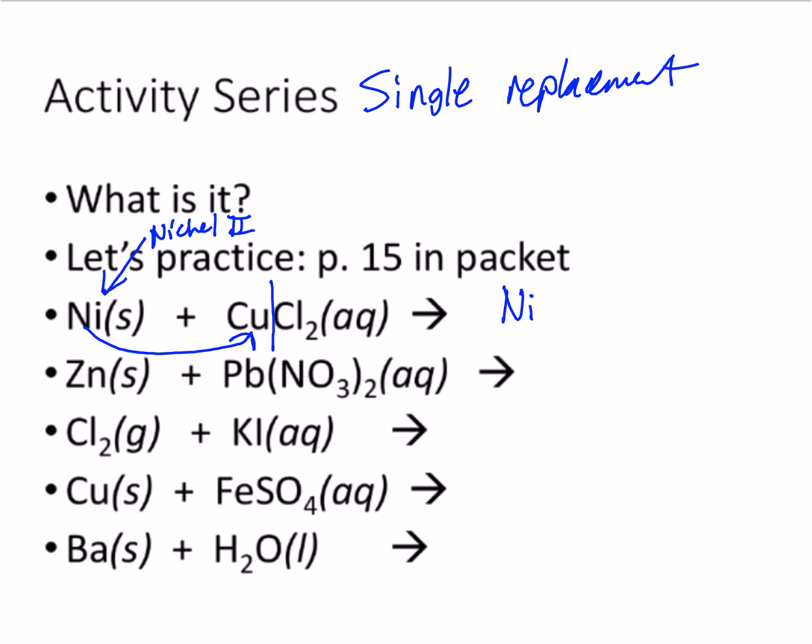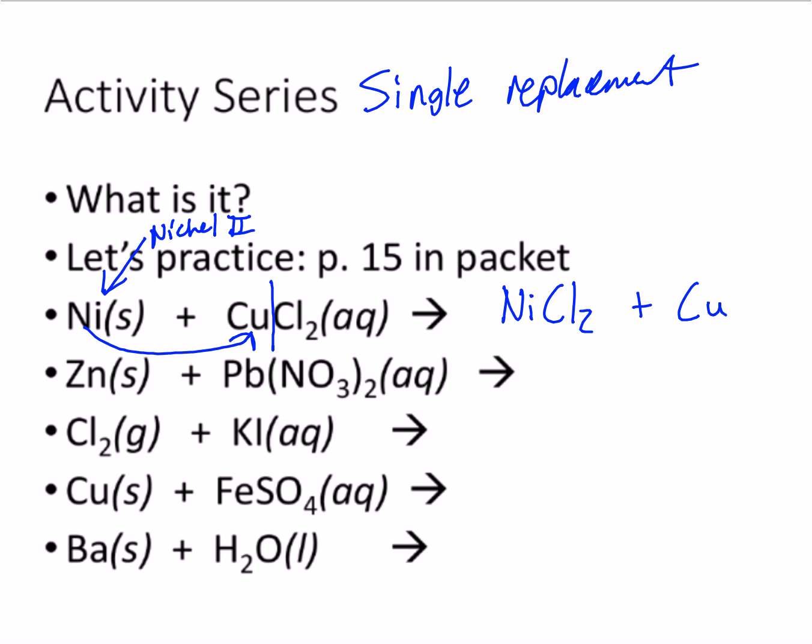What's our formula going to be for nickel 2 chloride? Will chlorine always have that same subscript? No, guys. This is the only time subscripts can change, when you're predicting products. You always have to go back and use what method? The crisscross method. And then what's our other product going to be? Copper. There it is, guys.